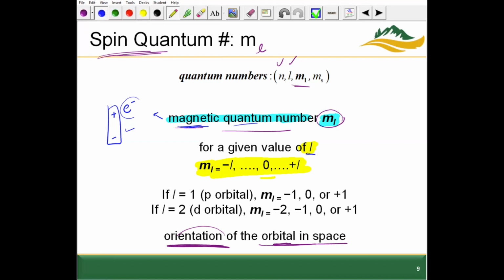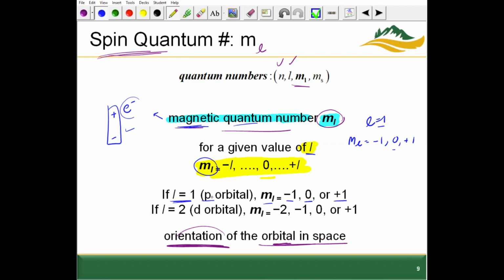So if we know our value for l, let's say l is equal to 1, the way you would figure out the possible m sub l values is we take negative l, so negative 1, through 0, including 0, up through positive l. So the possible m sub l values when l is equal to 1 are negative 1, 0, and plus 1.